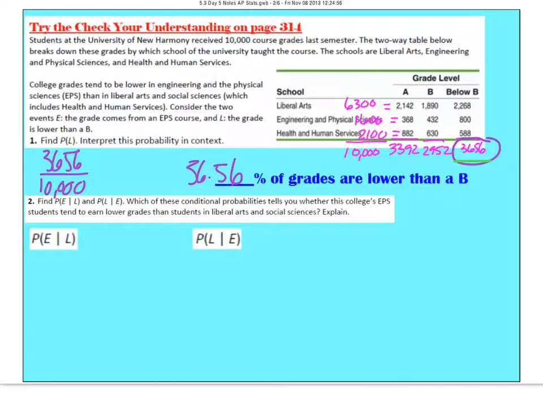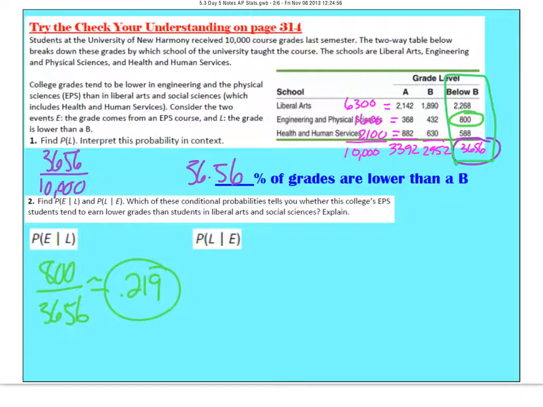So the subgroup are all of these students. Now, again, the probability that you came from the EPS school given your grade is lower than a B. Well, there were 800 of you. So this is 800 over 3656, which is about 0.219.